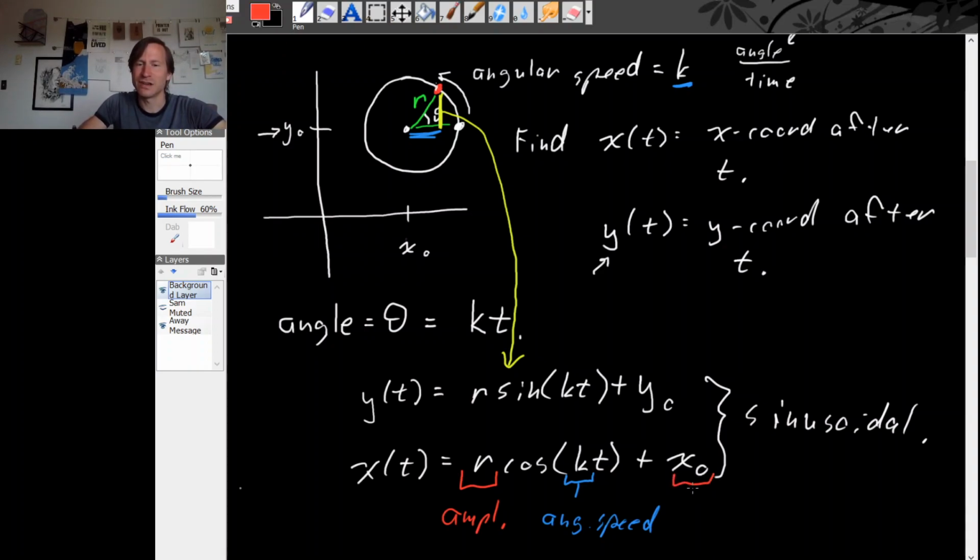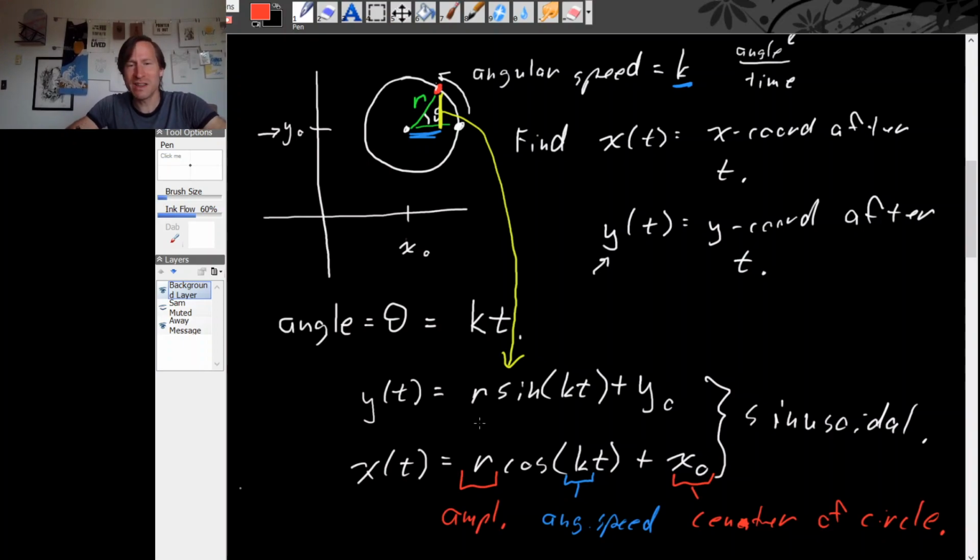And this shift at the end, which we called the mean when we were looking at sinusoidal functions, is just the center of the circle, either the x-coordinate of the center or the y-coordinate of the center, depending on which coordinate you're looking at.